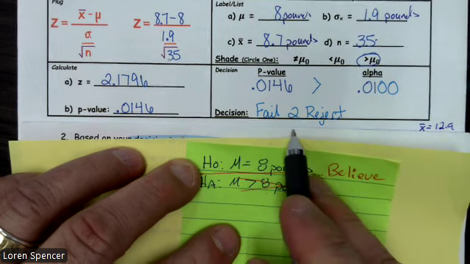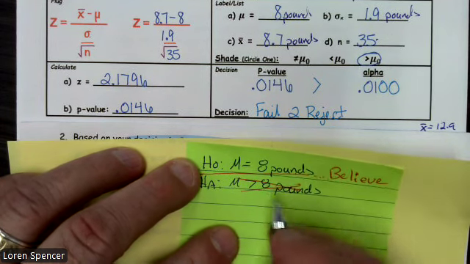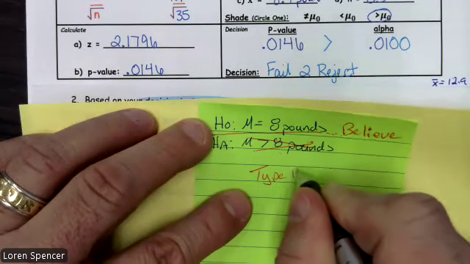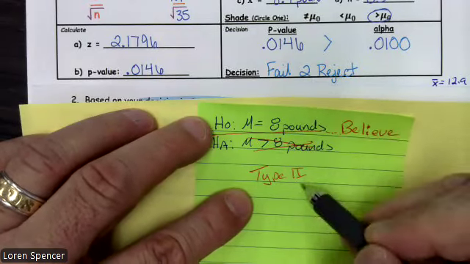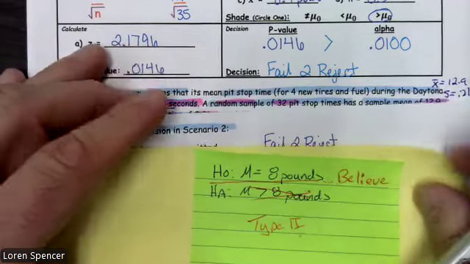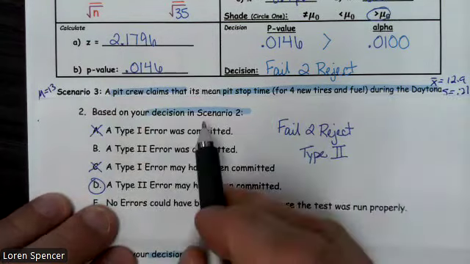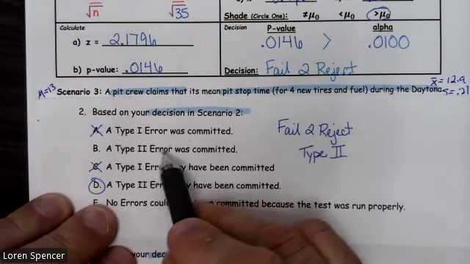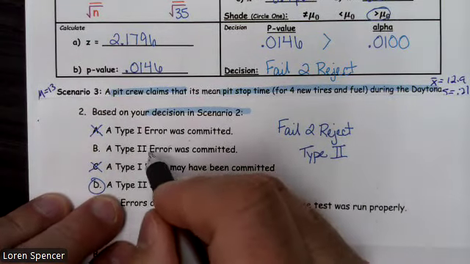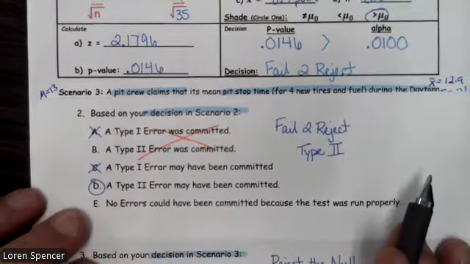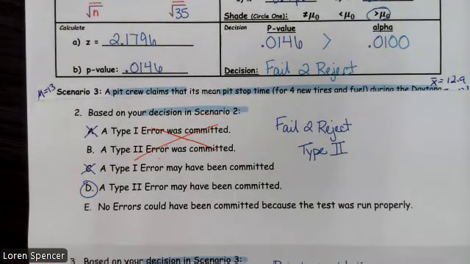And anytime you believe the null, the only type of error you could have made is a type 2. Remember, fail to, type 2. So the answer to scenario 2 is fail to reject. Now, for "type 1 was committed" or "type 2 was committed," we can get rid of anything that says committed because we don't know if an error was made or not.